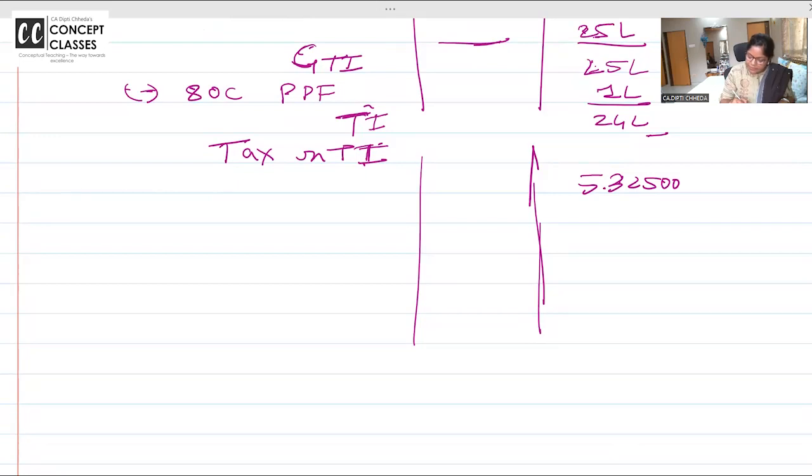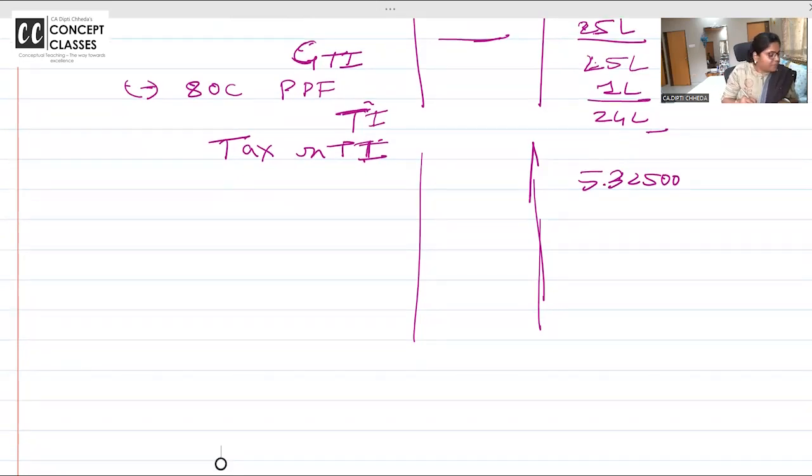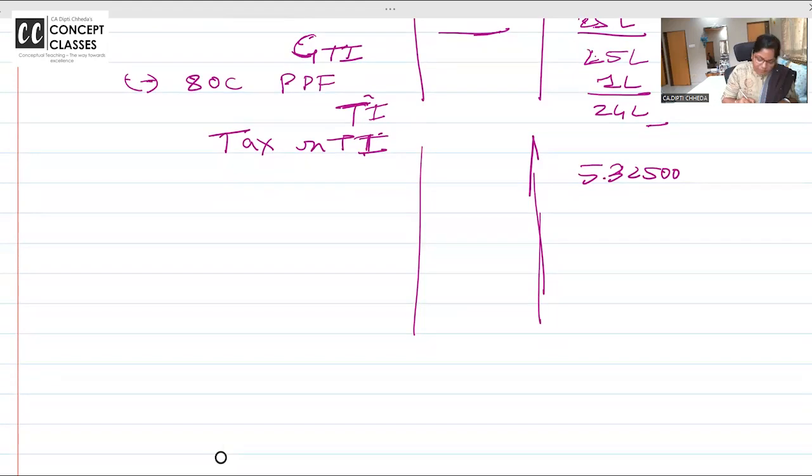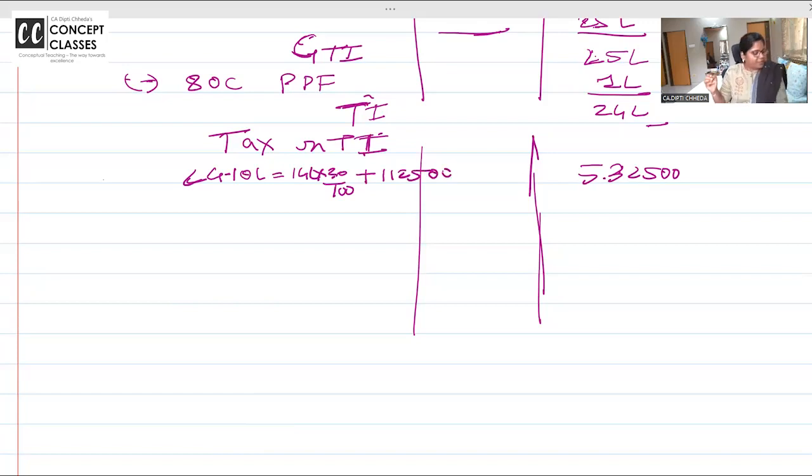Those who can't get it, just do the routine slab rate method. Problems are very easy. On 24 lakhs minus 10 lakhs, 14 lakhs, take 30% and add 1,12,500. So you'll get 5,32,500.